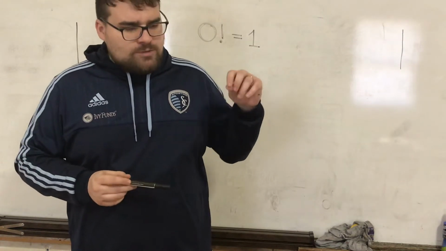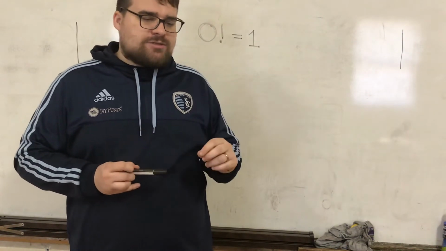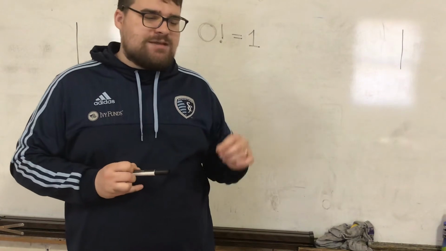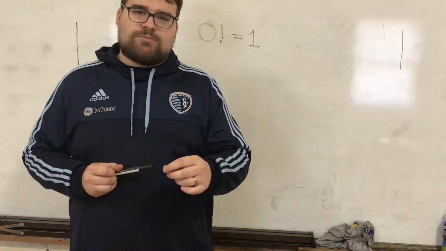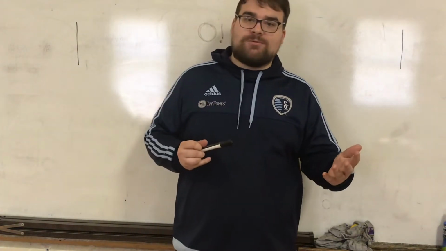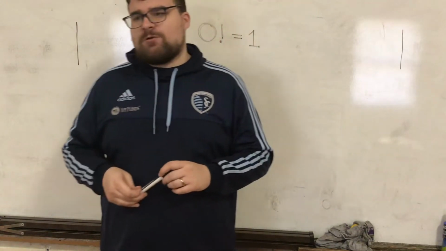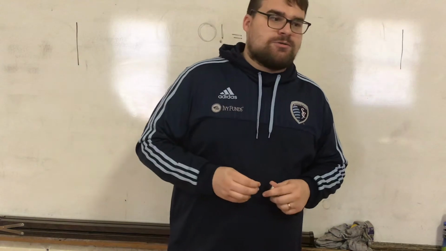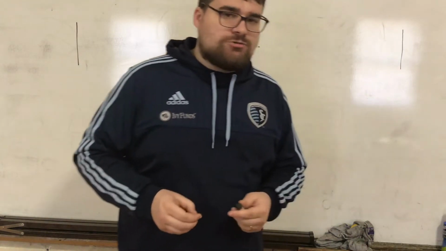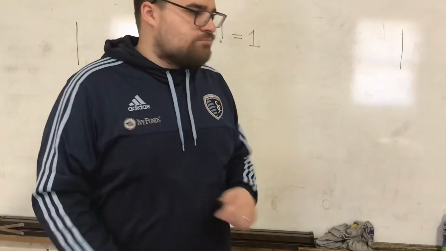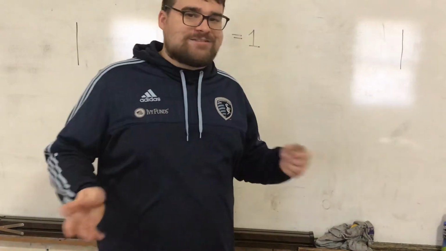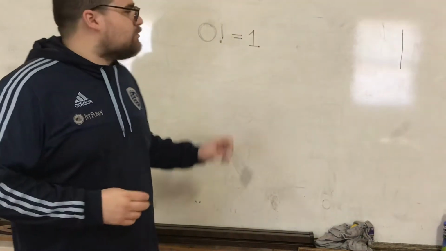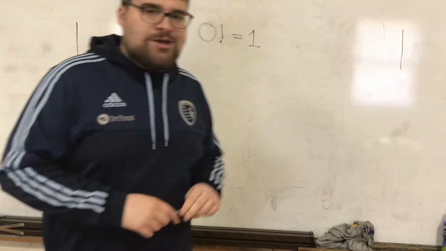So the idea is that if you have 0 people, and you want to know how many different ways you can select a group of those 0 people, there's only one way to choose that group, and that group is picking no one, right? It's one of those mathematical anomalies.